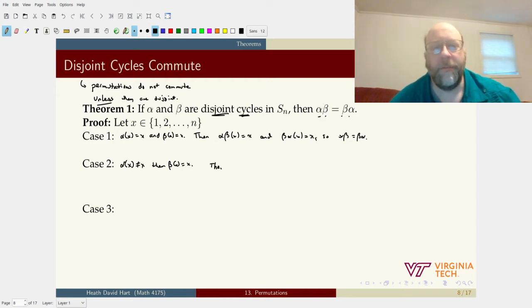So then, alpha of beta of x, since beta doesn't do anything to x, is just equal to alpha of x. Now, this is a little trickier because we want to show that beta of alpha of x also equals alpha of x. But alpha of x is obviously part of the permutation alpha, since alpha of x is an element in the permutation of alpha.